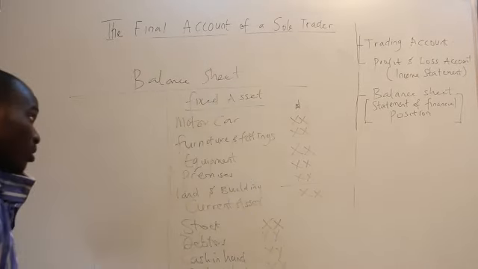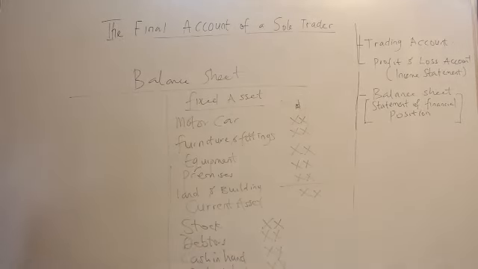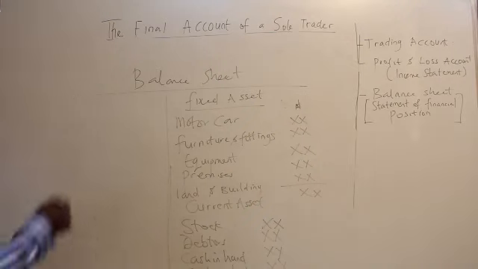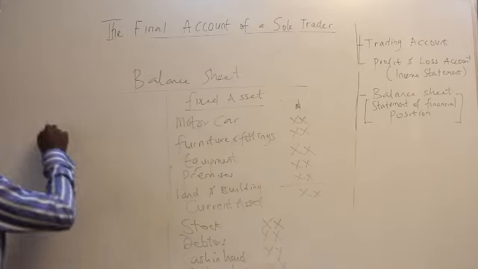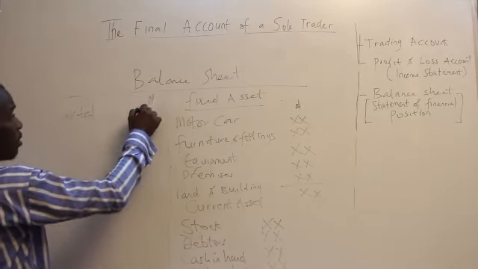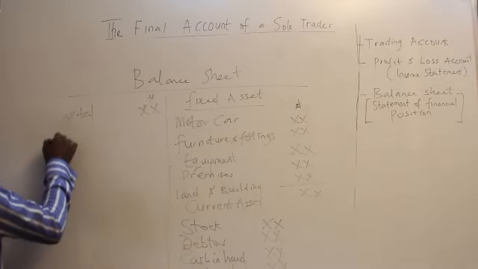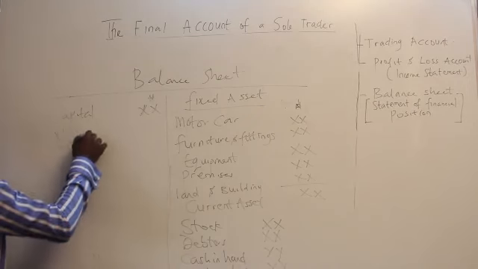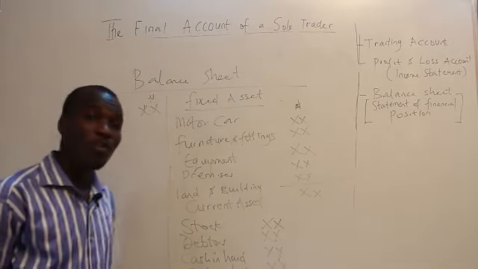So this side shows the list of all assets, and on this side we have the overview of the capital and liabilities of the organization. So we have the capital. For us to calculate the owner's equity, after we have the capital, we are going to add the net profit of the business within the period, because that is the part of the proprietor.